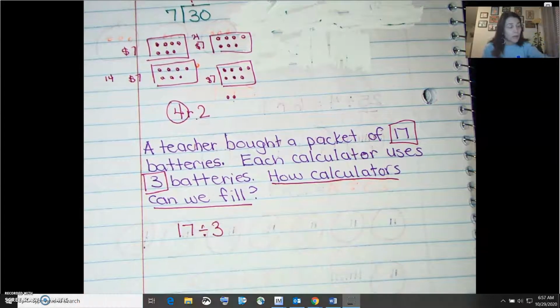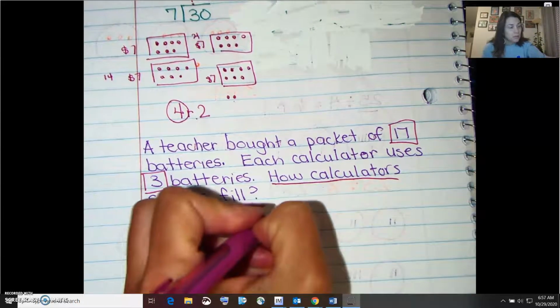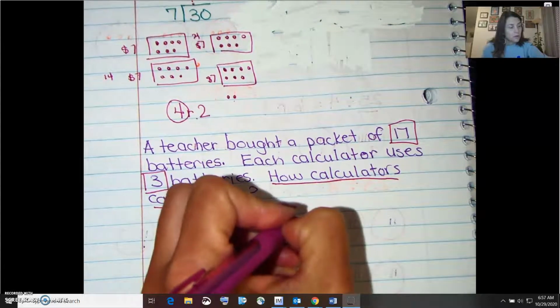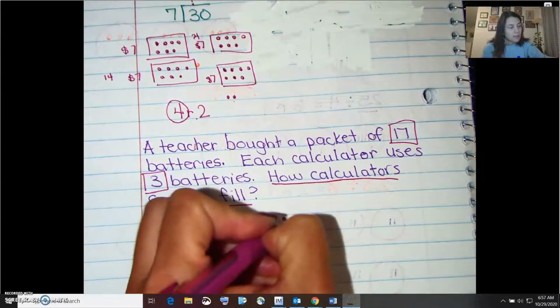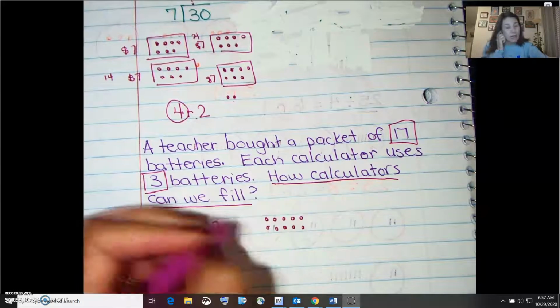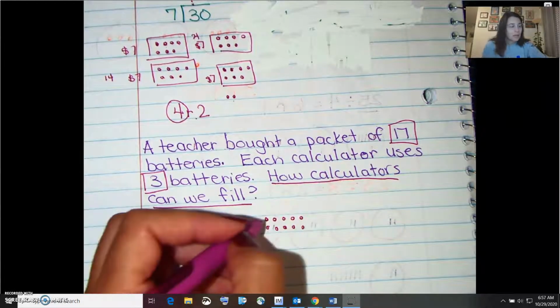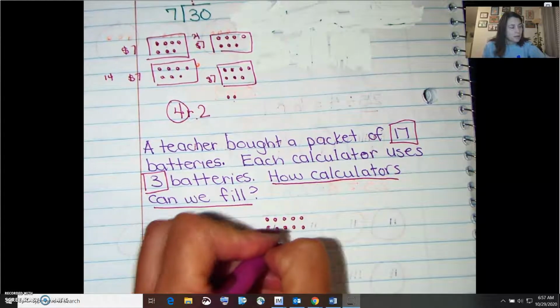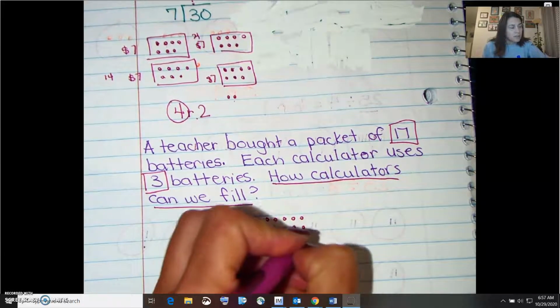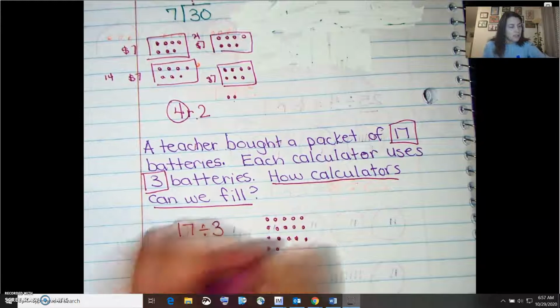This time I'm going to draw my 17 dots. 1, 2, 3, 4, 5, 6, 7, 8, 9, 10. I'm doing them in groups of 5 because it makes it easier to count if I get mixed up. So 5, 10, 15, 16, 17.